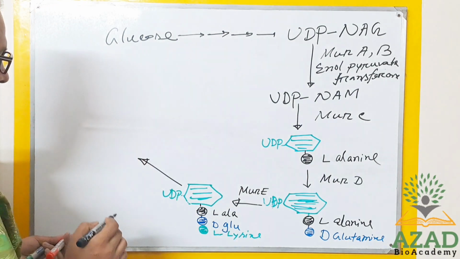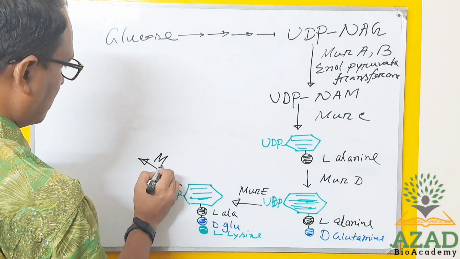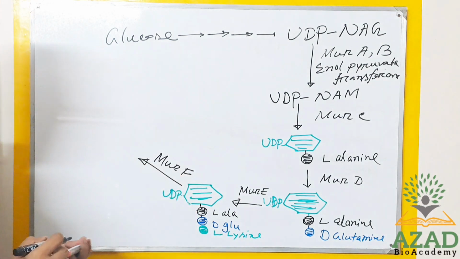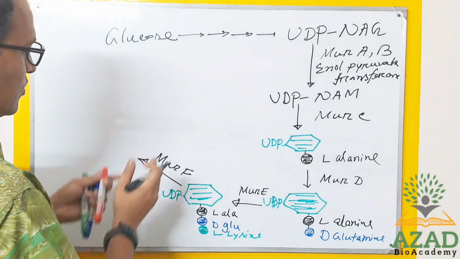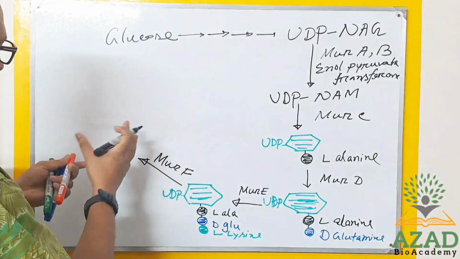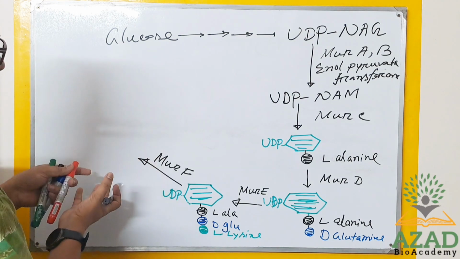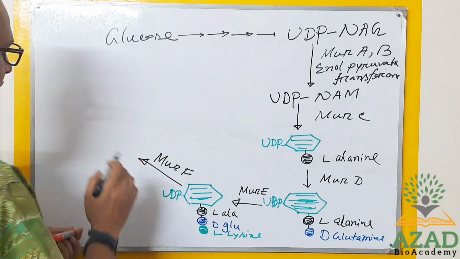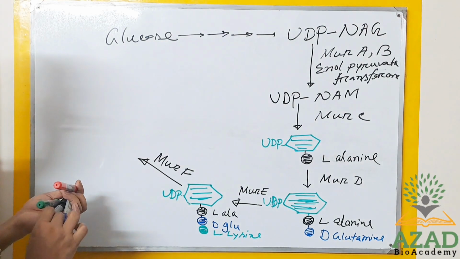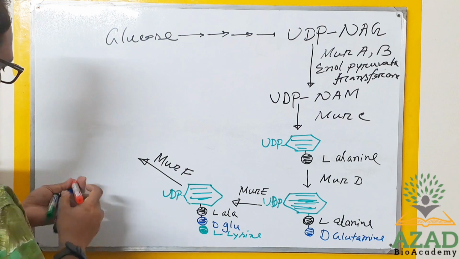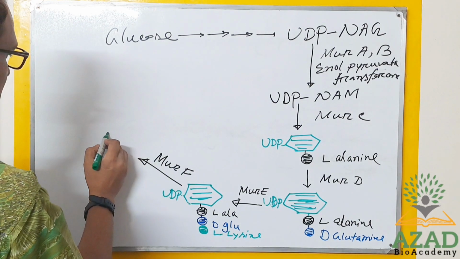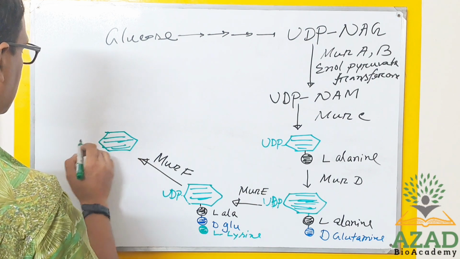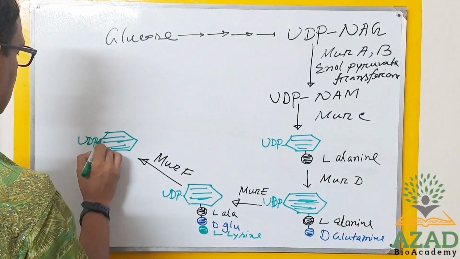another enzyme will work, that is MUR-F, and this will attach 2 amino acids as a dimer at a time, and that dimer will form firstly. So I will show you. Here is the sugar unit, the N-acetyl muramic acid, and UDP is attached.